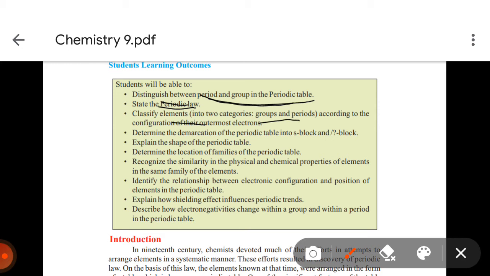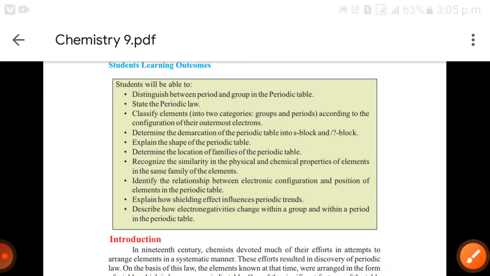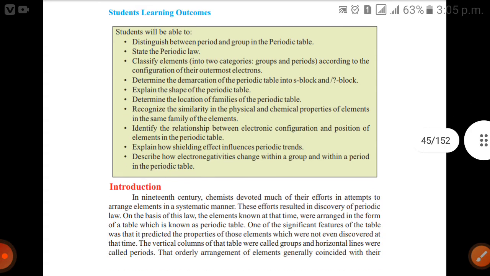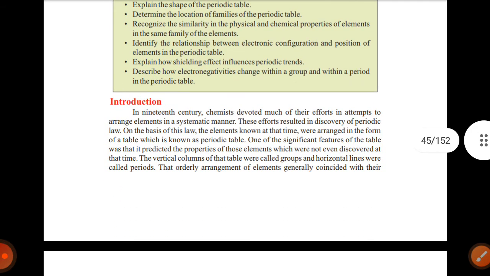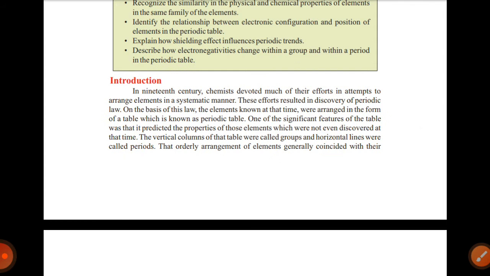Determine the demarcation of the periodic table into S block and D block. Explain the shapes of the periodic table, determine the location of families of the periodic table and so on. मतलब ये कुछ चीज़ें हैं जो हम लोगों को at the end of the chapter the students will be able to define or understand.